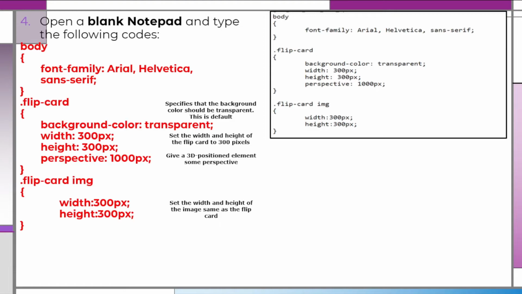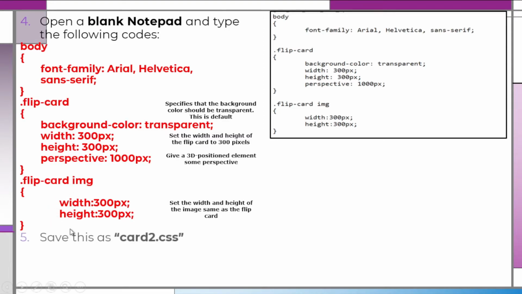Okay, so what we did first was to create the base, which is the flip card. We set it to transparent, we set it to 300px, and then we gave it a 3D perspective of 1000px. Then for the picture, which is found in your flip card, we set it with the same size as the card itself.